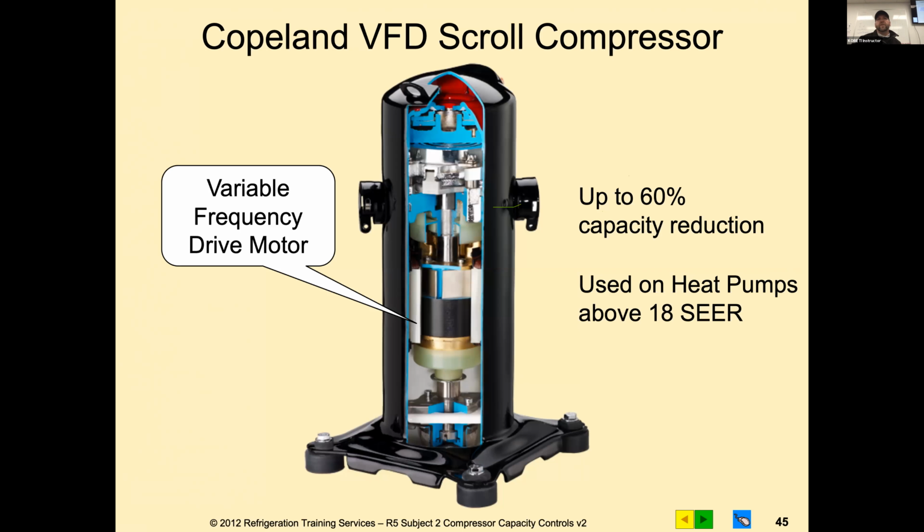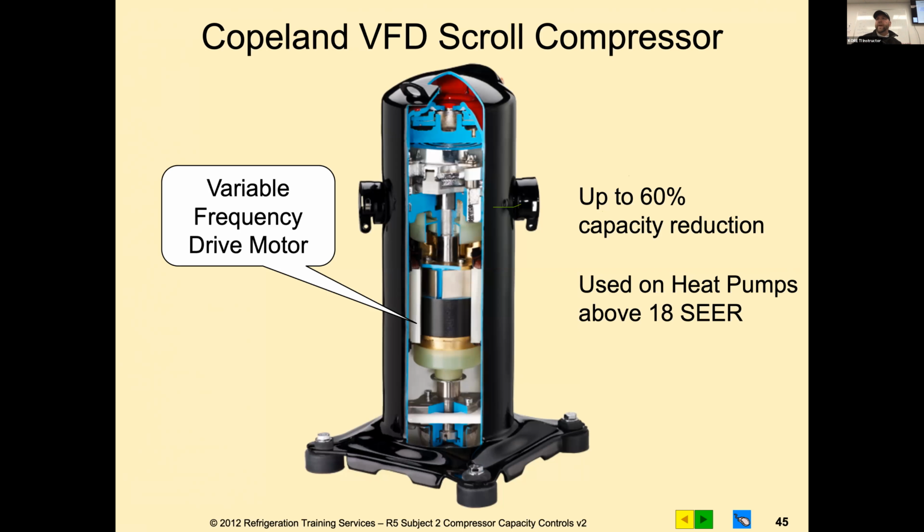Anytime you're dealing with VFD control in a compressor application, you have to be aware of what the oil's doing. Depending on how that compressor pumps or slings its oil or pulls its oil out of the crankcase, it matters how slow you slow that compressor down.